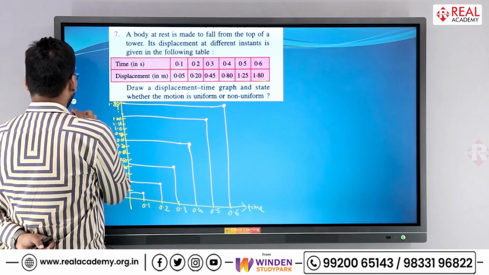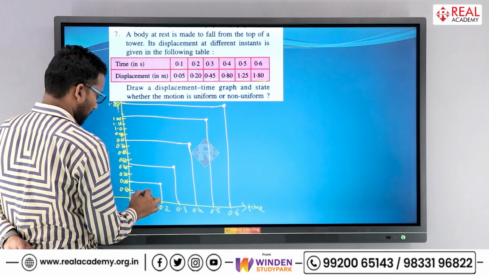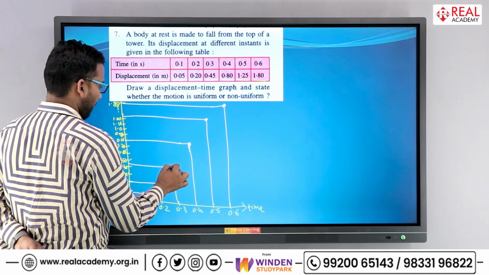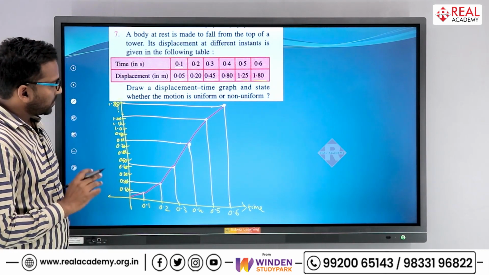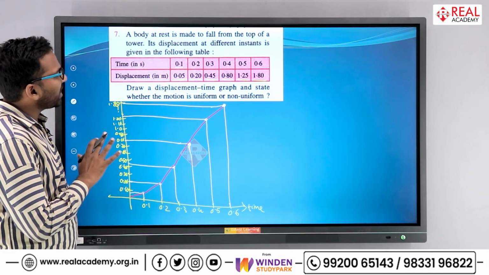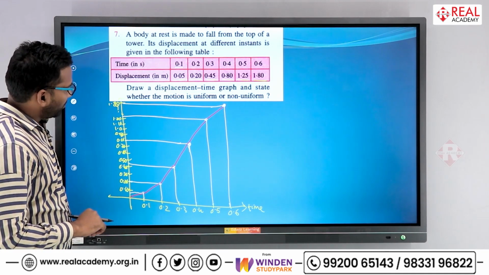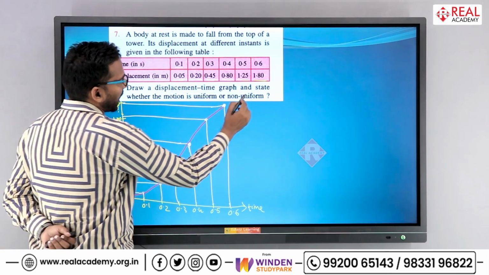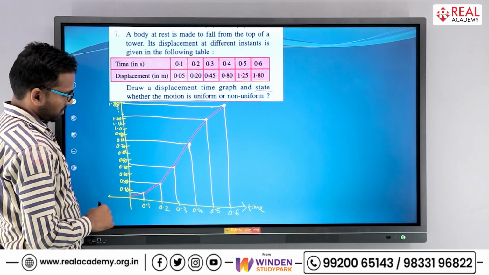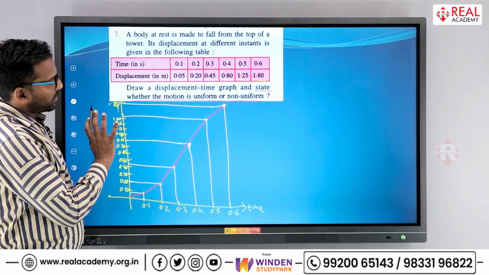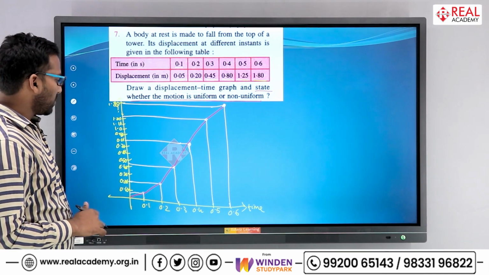Okay. And if we join all these, in this way we get the graph of displacement versus time. Now they have asked one more thing: state whether the motion is uniform or not. By this graph, can we say the motion is uniform with respect to time?